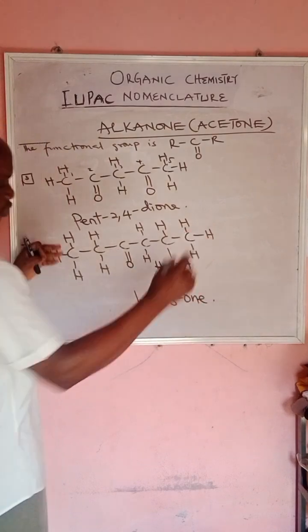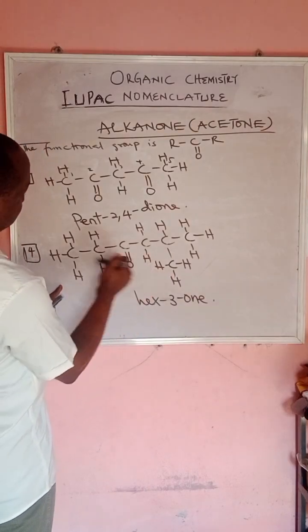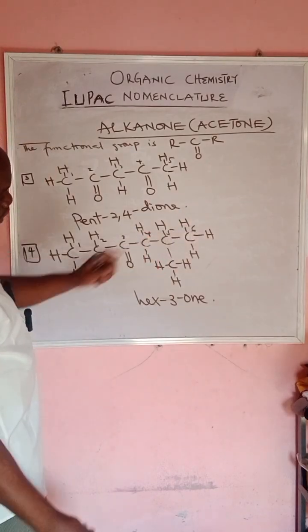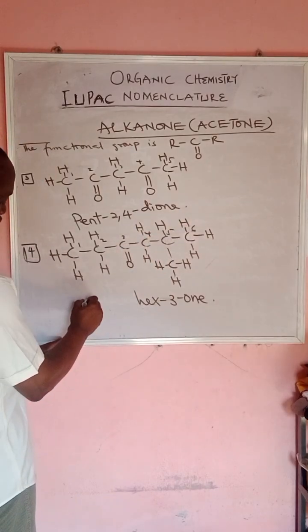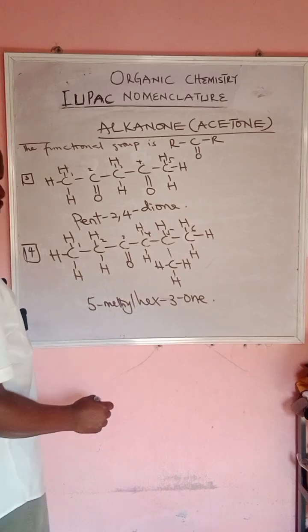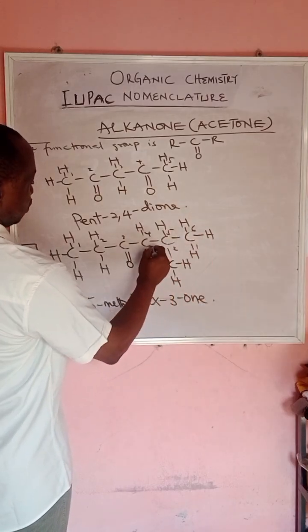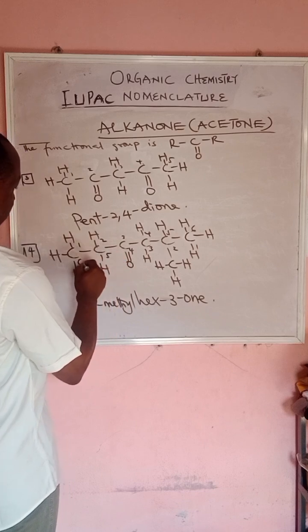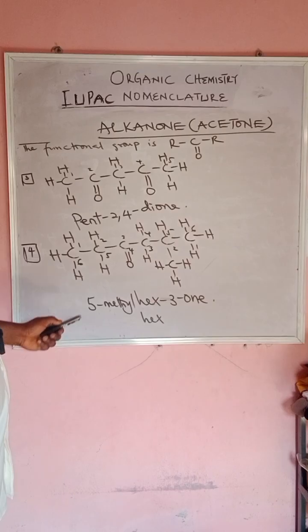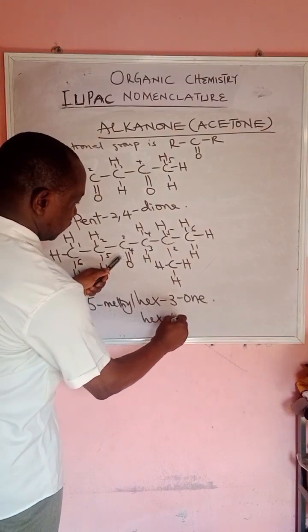And let's see, after this 1, 2, 3, 4, 5, 6. Let's see, after for carbon 5. So it will be 5-methylhexan-3-one. When you count from right to left, let's see, this will be 1, 2, 3, 4, 5, 6. You see, you have hexane, and the one is on carbon 4. So carbon 4 one, and methyl is on carbon 2.